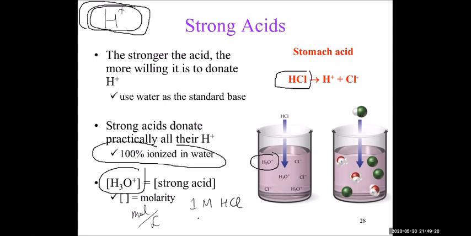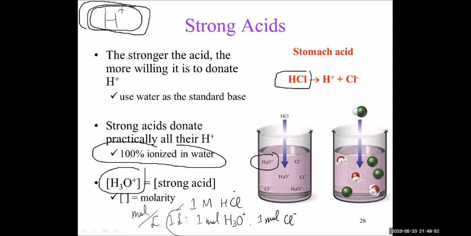Instead, in 1 liter of solution, you have 1 mole of the hydronium ion plus 1 mole of the chloride ion, and you have water molecules. What really matters for the solution is that you have basically 100% dissociated. All the H in the HCl becomes hydronium, and the remaining is the chloride.